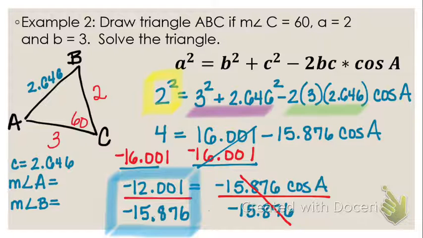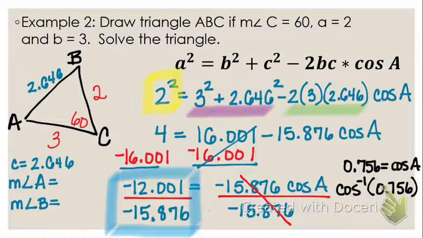So we have 0.756 equals the cosine of angle A. So the inverse cosine of 0.756 is going to tell you the measurement of angle A. So go ahead and type in the inverse, because if you're looking for something on the inside, we need to use the inverse.